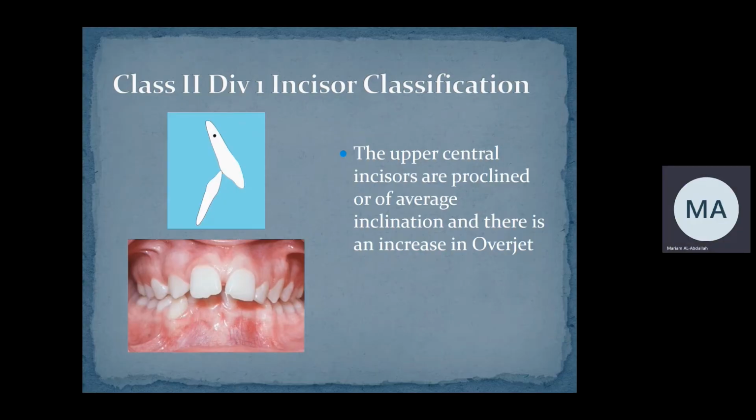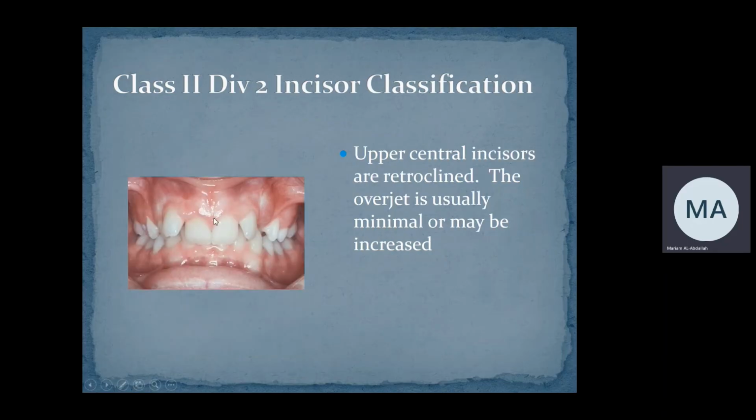But the upper incisors inclination could be normal, could be proclined. Okay, and we know now what we mean by proclined. So the inclination could be normal or proclined, but the overjet should be increased. Okay, class 2 division 2, on the other hand, is when the lower incisal edge occludes behind the cingulum plateau, but the upper incisors are upright or retroclined.